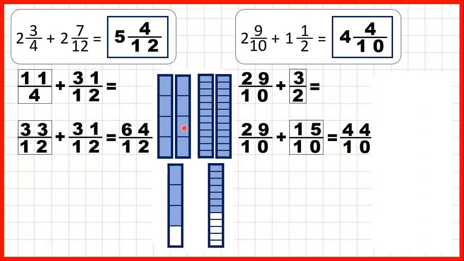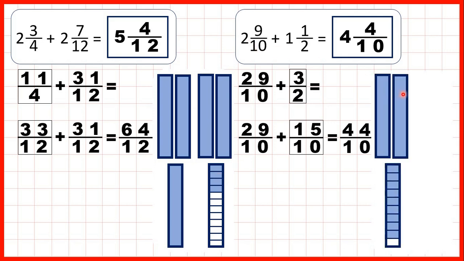But to add fractions, we need the denominators to be the same, so we changed those 11/4 into 33/12, which meant that we had 64/12 altogether. But to turn that back into a mixed number, we divided 64 by 12, and that's 5, remainder 4, so as a mixed number, our answer is 5 4/12.